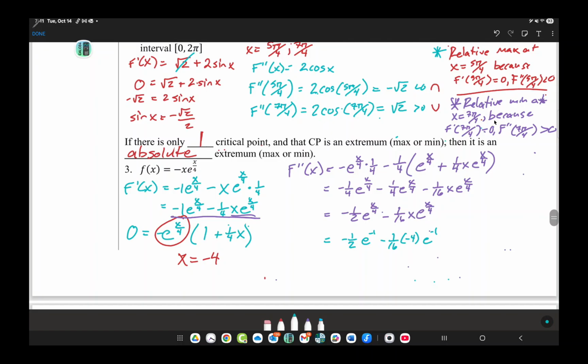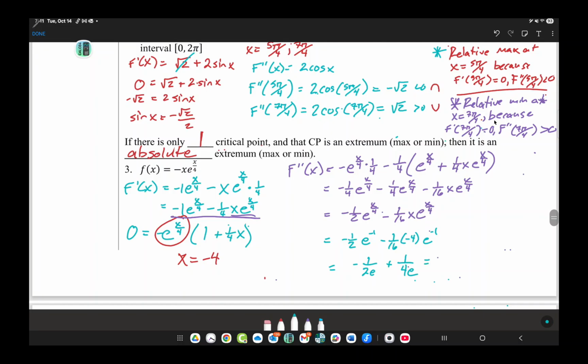So we end up with negative 1/2e plus 1/4e.